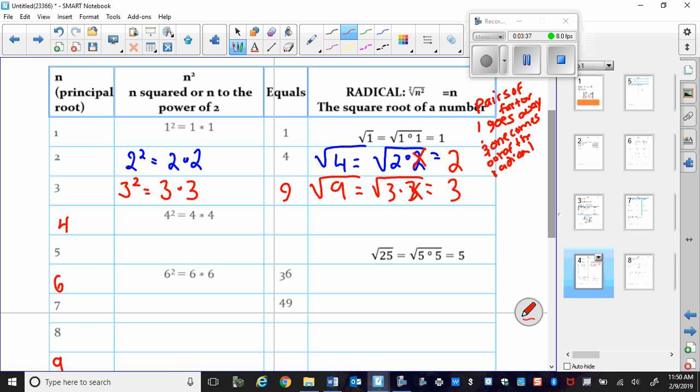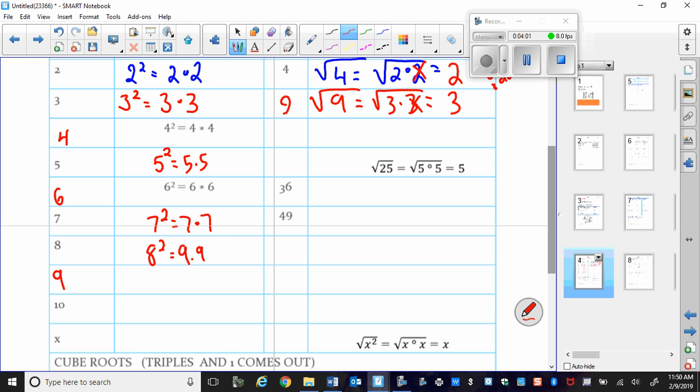So 4 squared equals 4 times 4, and I'm just going to go ahead and square all of these numbers. 5 squared equals 5 times 5. 6 squared equals 6 times 6. 7 squared equals 7 times 7. 8 squared equals, I'm sorry, I made a mistake there. 8 squared does not equal 9 times 9. 8 squared equals 8 times 8. 9 squared equals 9 times 9. 10 squared equals 10 times 10. X squared equals x times x.